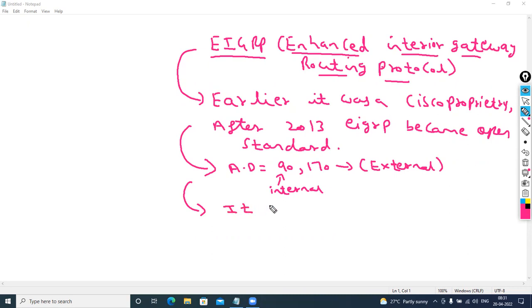And it uses the DUAL algorithm to find the best path.